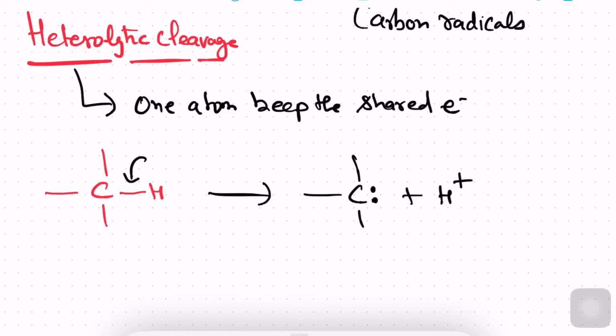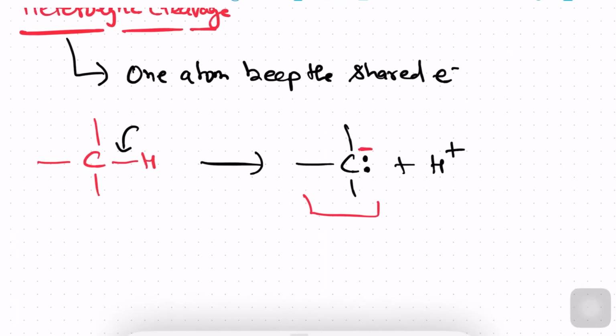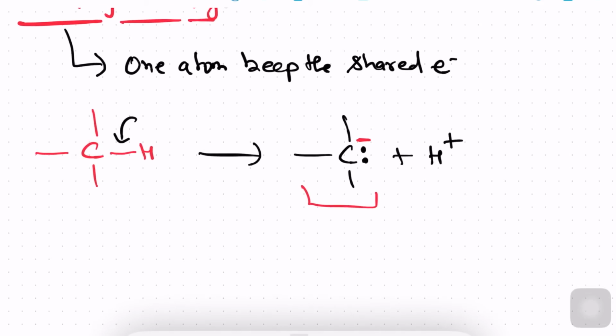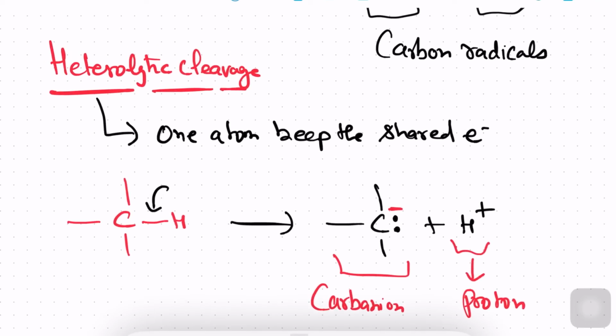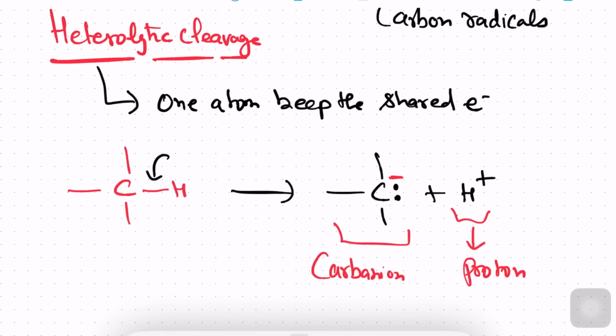So here you can see there is formation of carbon, and this is going to carry negative charge. This will be known as carbanion, and this will be known as proton. So when you have heterolytic cleavage, you are going to see the formation of carbanion and proton.